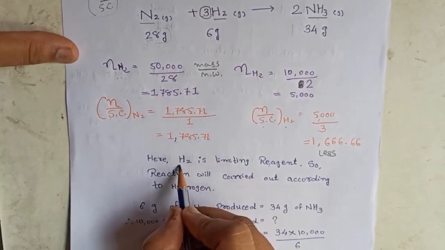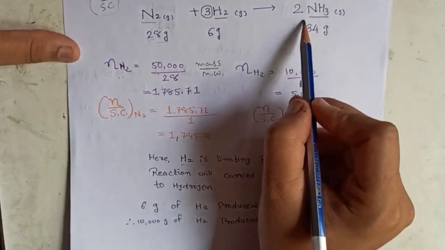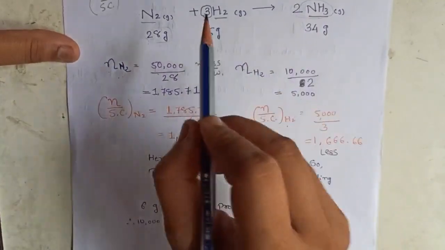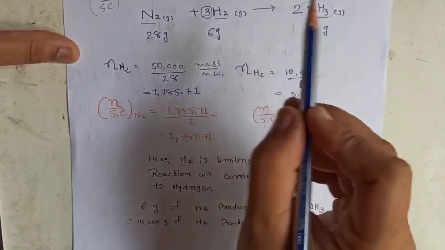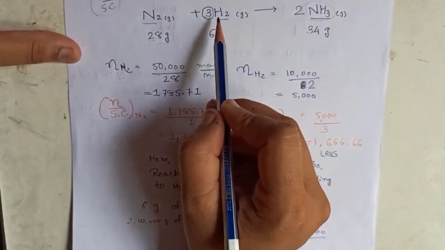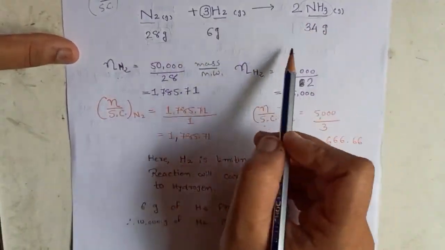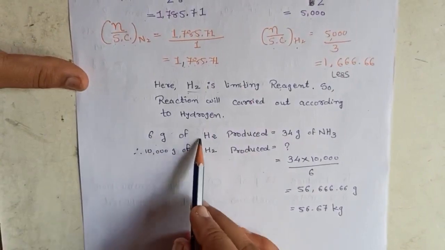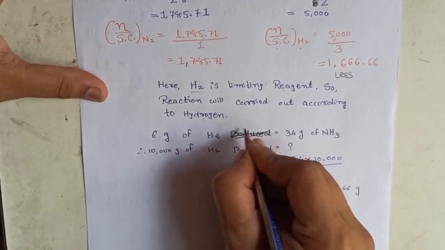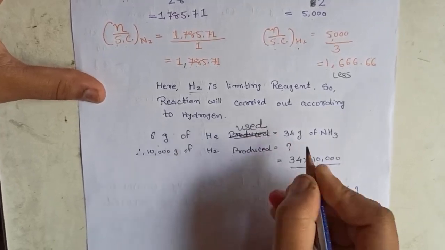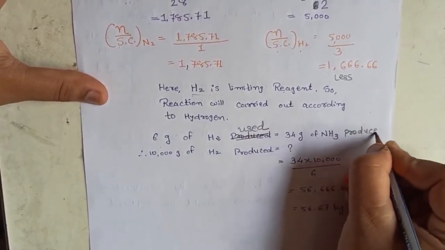Means, if hydrogen is the limiting reagent, then the amount of product will depend on that limiting reagent. Means, the production of ammonia depends on the hydrogen, right? So, from the equation we can write that whenever 6 gram of hydrogen is used, 34 gram of ammonia will be produced, right?